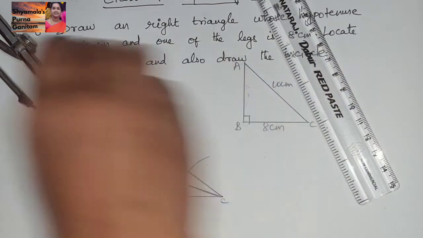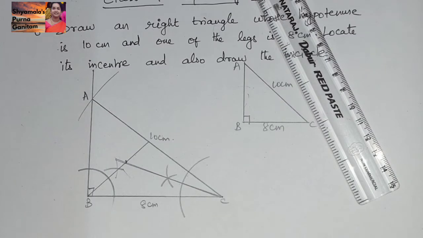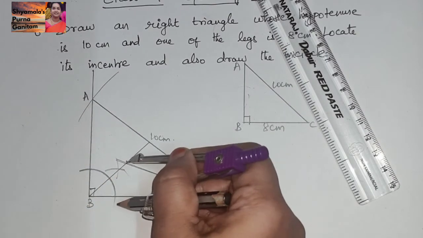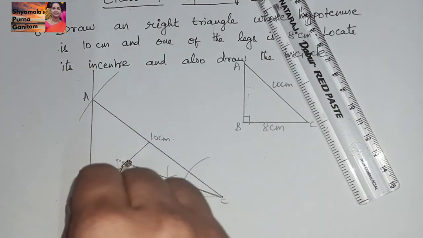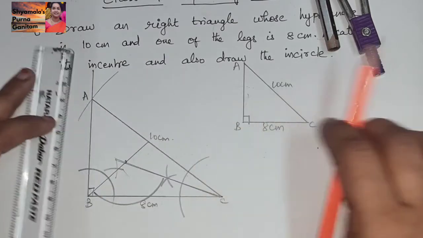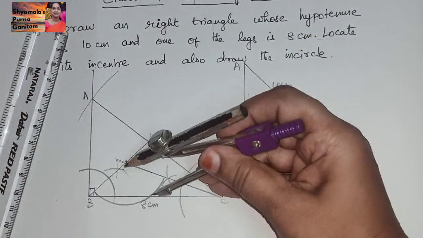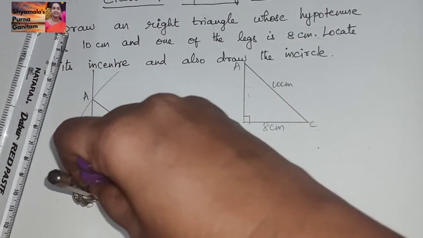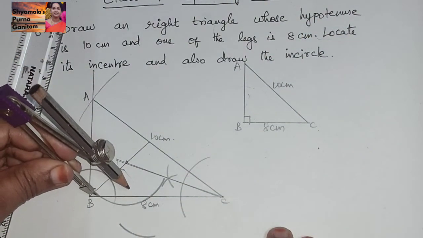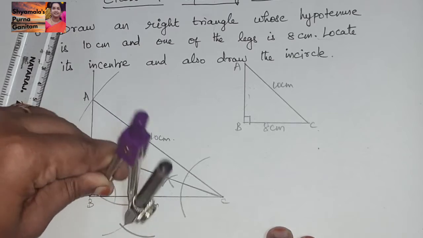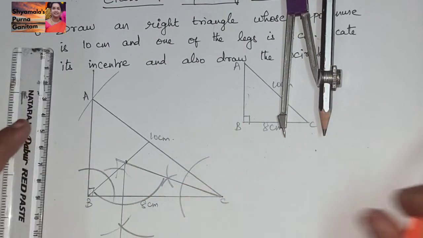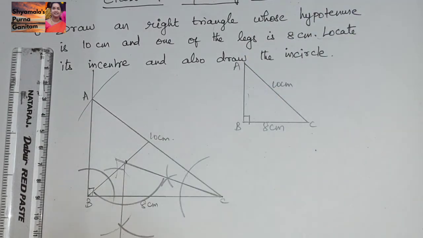Now we'll draw a perpendicular from the incenter to a side, to know the radius of the circle. So perpendicular we got.